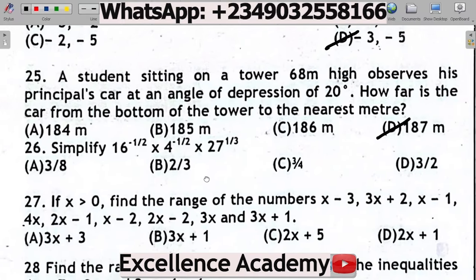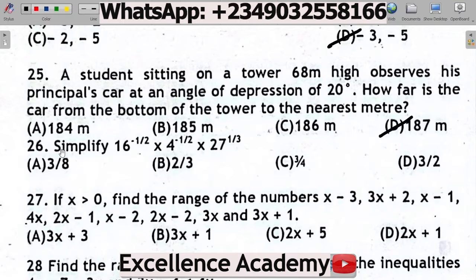All right, next up, question number 26. It says simplify 16 raised to the power minus 1 over 2, multiplying 4 to the power minus 1 over 2, multiplying 27 to the power 1 over 3. You have option A, 3 over 8, option B, 2 over 3, option C, 3 over 4, option D, 3 over 2.